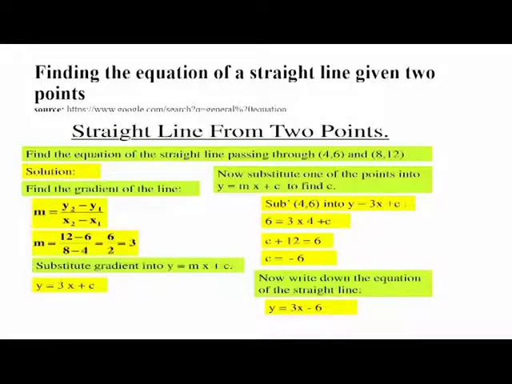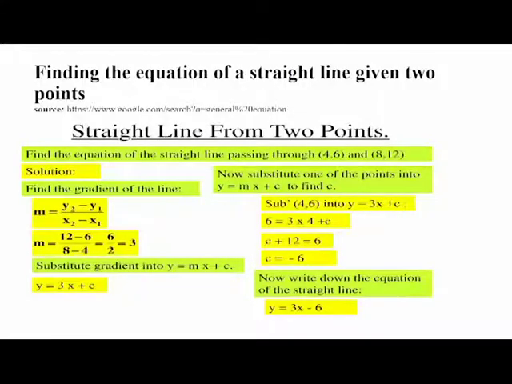Let's look at finding the equation of the straight line given 2 points. This part is quite similar to Mathematics 5, where you find the gradient. Finding the gradient is just the same thing, whether it's in this unit or the other unit, module or the other one. So how do we find the straight line from the 2 points?